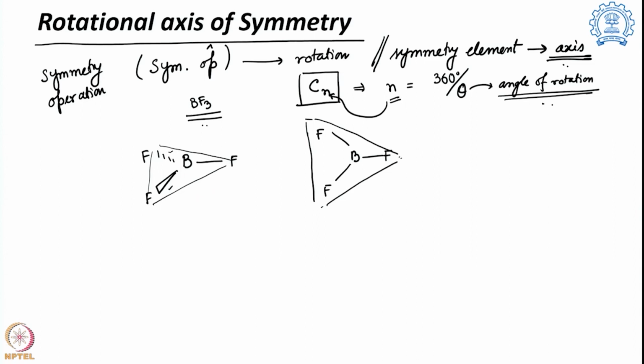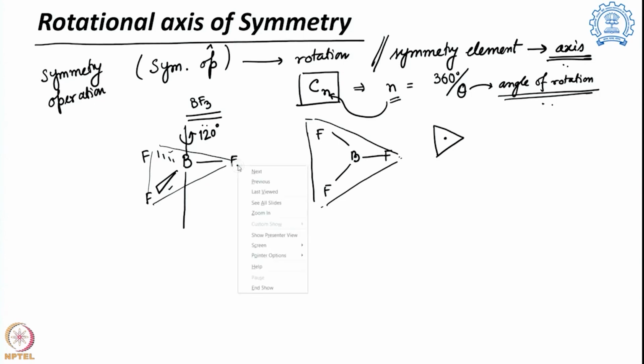Now, I can take a line along which I can rotate and see if my molecule looks exactly the same, and you can already have an idea because it is nothing but a triangle. So if I rotate it through the middle, along this line, by 120 degrees, I am going to get a very similar structure.